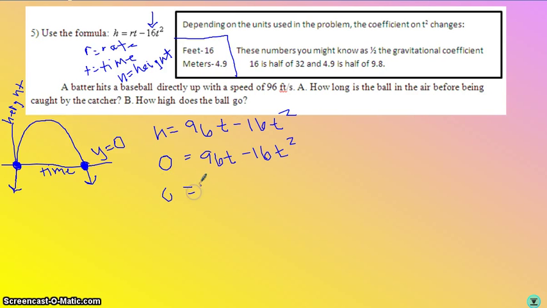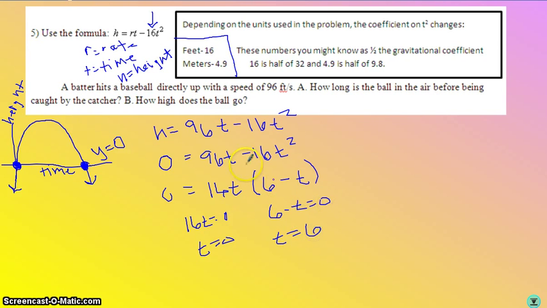But 16 is the coefficient GCF, and they also share a t. So when you take 16t away from 96t, you get 6 minus t, so we'd have a t left here. So our two solutions, 16t equals 0, t equals 0, and 6 minus t equals 0, t equals positive 6, should make sense for this graph.